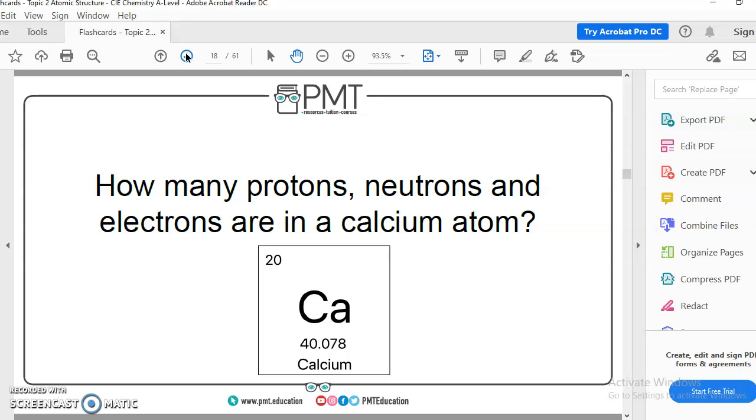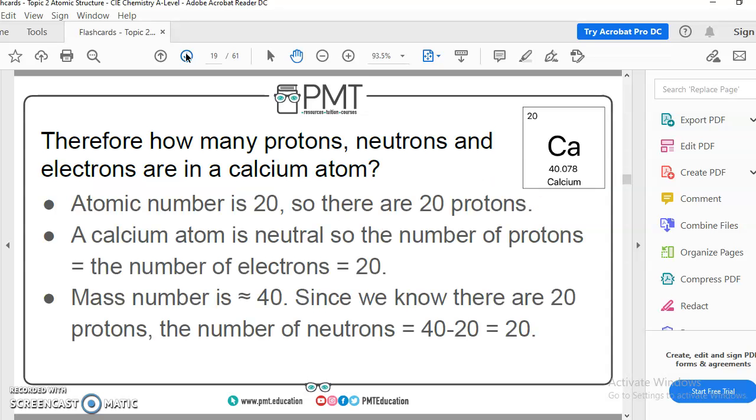So if the question is, for the calcium atom, calculate the total number of protons, neutrons and electrons, we know that 20 is the proton number, 40 is the nucleon number, and the number of neutrons is A minus Z. Out of 40, if you subtract 20, you will get 20 neutrons. The atomic number is 20, which means there are 20 protons.